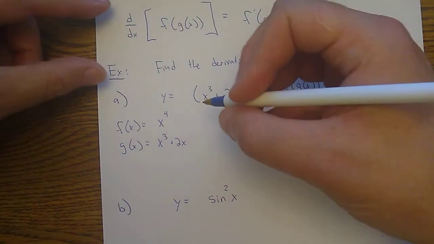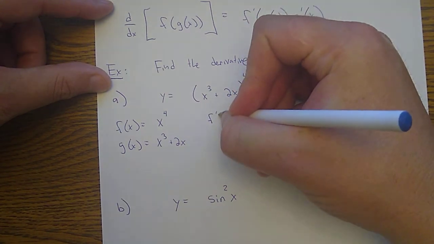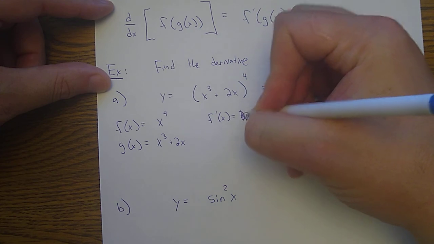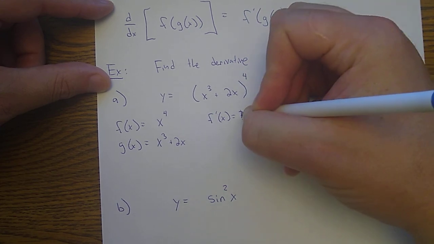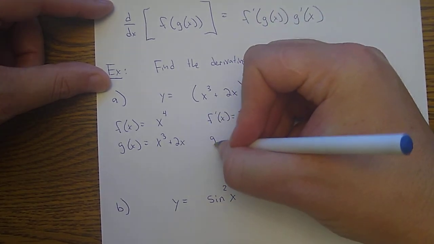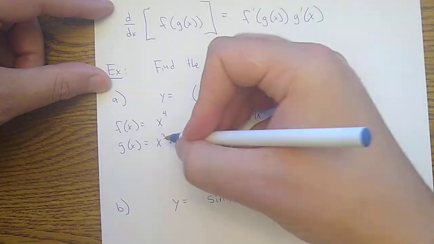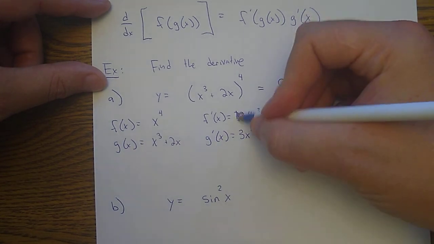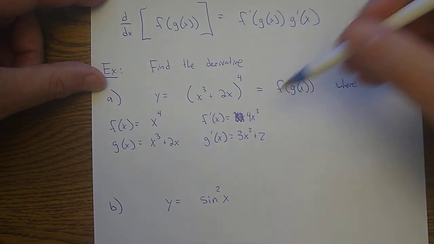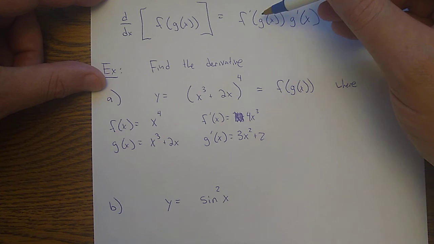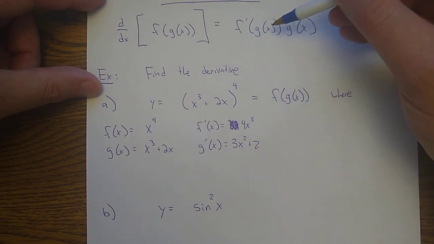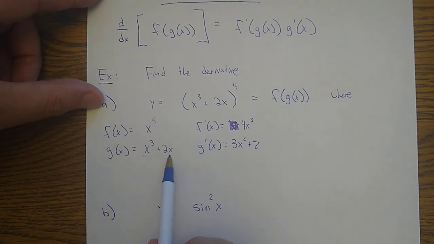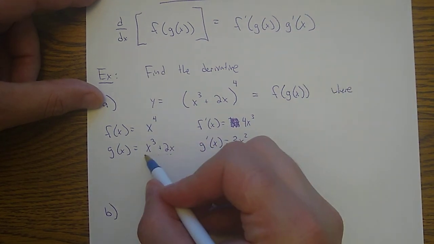So let's find the derivatives. F prime of x would be 4x cubed, right? G prime of x would be 3x squared plus 2, right? And then let me assemble my answer. It's f prime of g of x, meaning I'm going to take g of x and plug it in here.